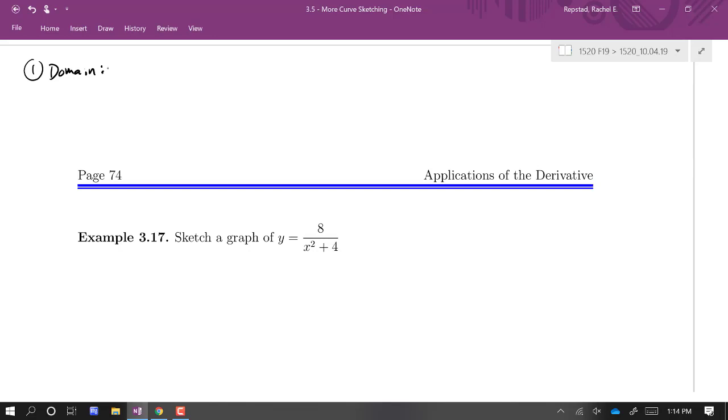Are there any values of x that make x squared plus 4 equal to 0? No values. So since x squared plus 4 is not equal to 0 for all x, the domain is all real numbers.